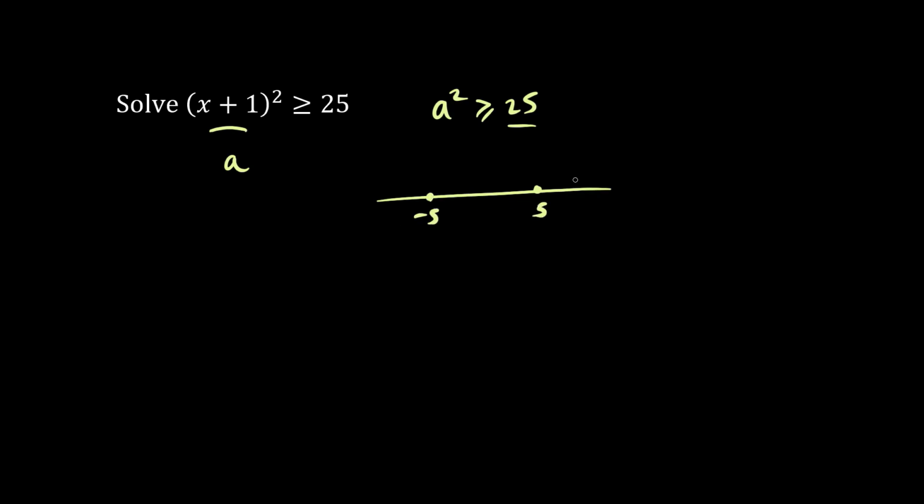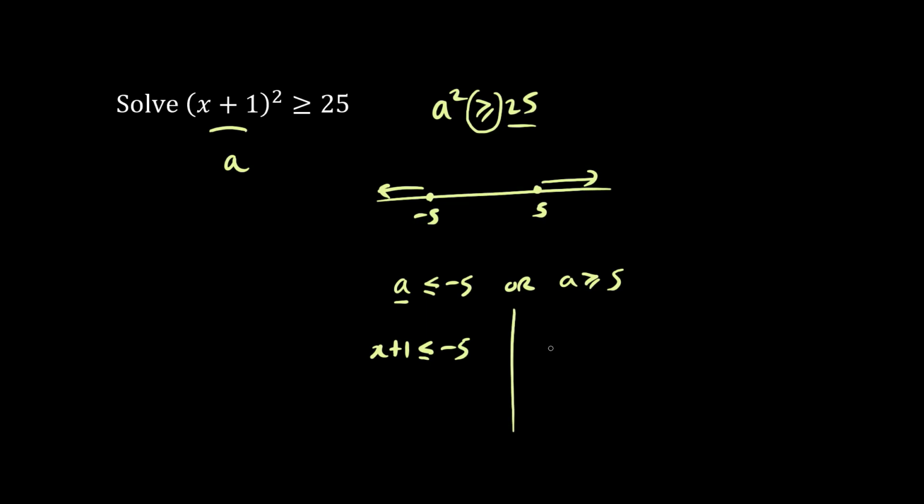And the possible values of a, because this is greater than, means the answers are going to be away from the center. Thus a is less than or equal to negative 5, or a is greater than or equal to 5. X plus 1 is a, so we have x plus 1 is less than or equal to negative 5, or x plus 1 is greater than or equal to 5.